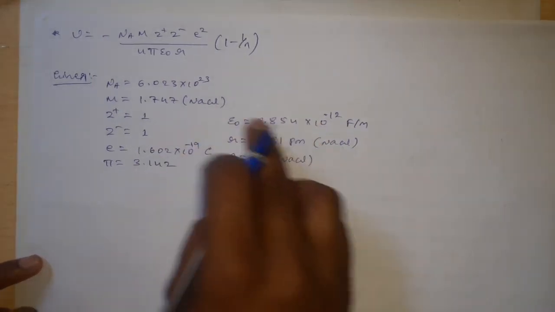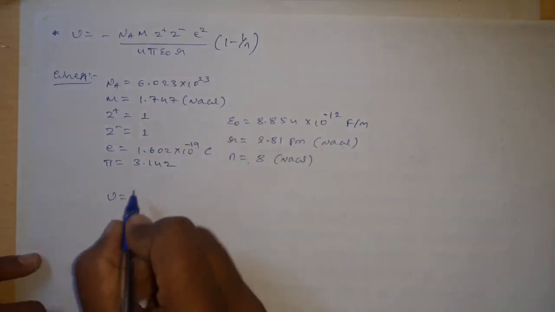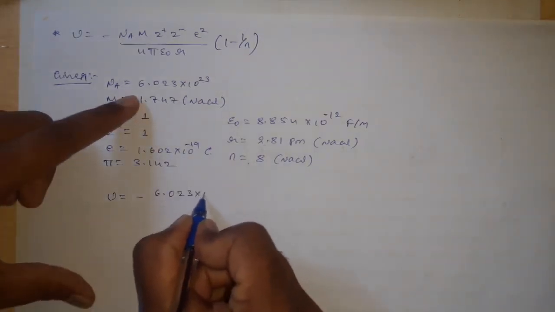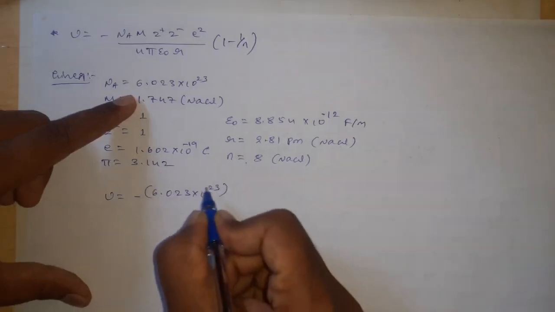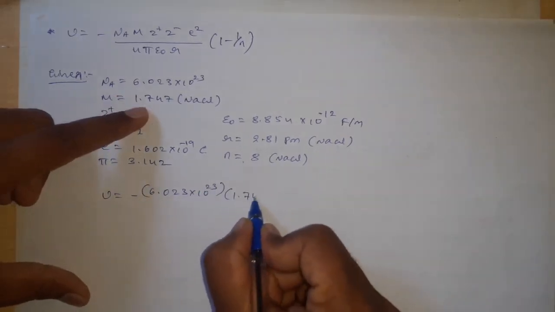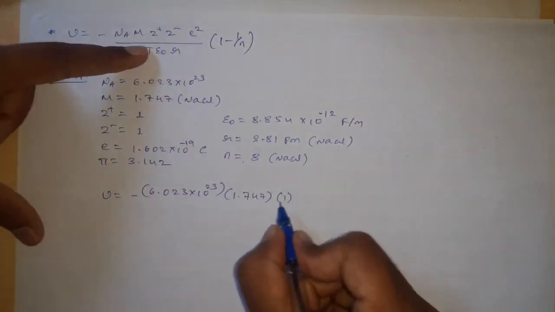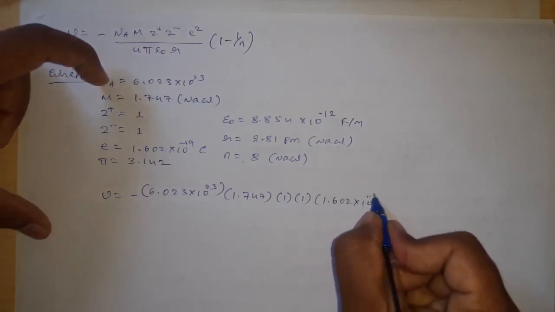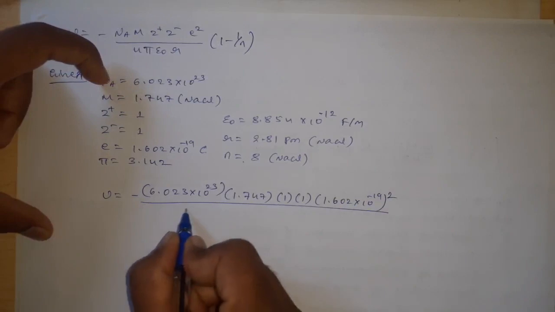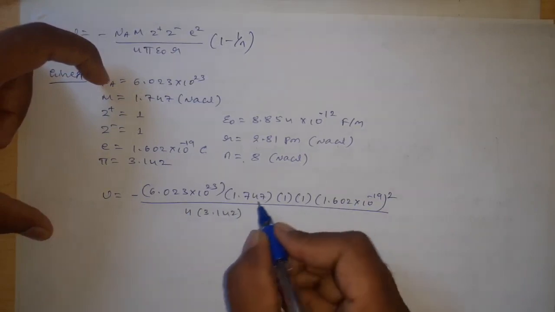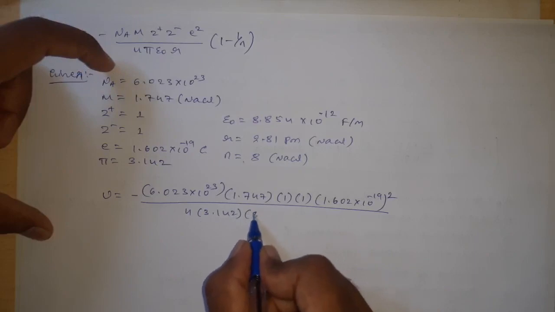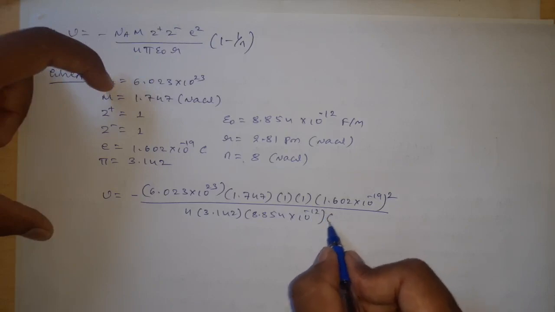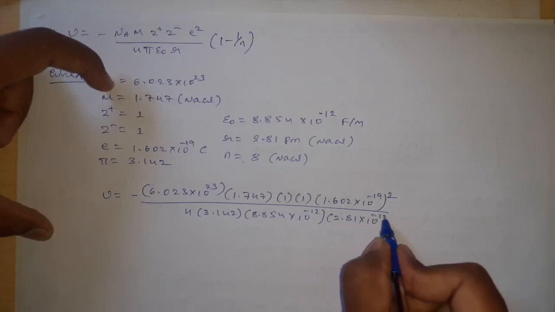Then by using all these data we have to calculate this: minus 6.023 into 10 raised to 23 into 1.747. The value of Z plus is 1, Z minus is 1, and E square is 1.602 into 10 raised to minus 19 square, divided by 4 into 3.142 into epsilon naught value 8.854 into 10 raised to minus 12, and R value 2.81 into 10 raised to minus 12 meter.